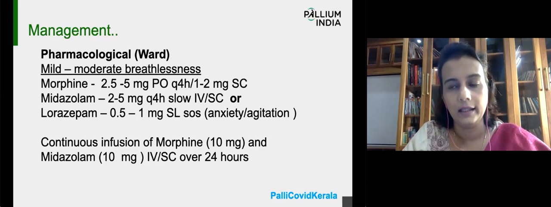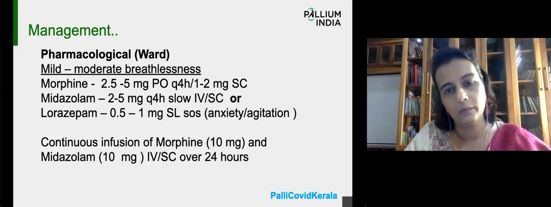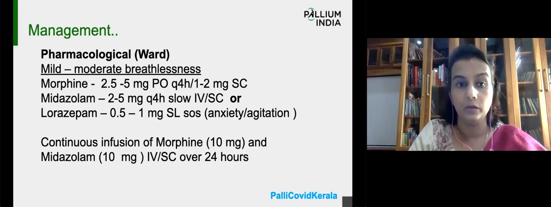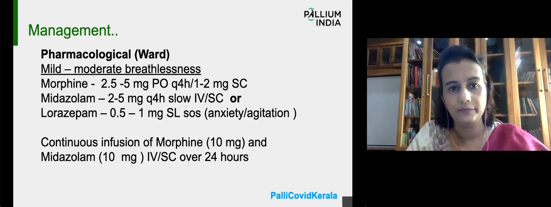Now I'll be describing more about agitation in the further slides, but just to mention that if there is breathlessness with anxiety and no disorientation, then this is what we do. If the patient has got disorientation, we'll have to add on haloperidol also, which will be described in the later slides.